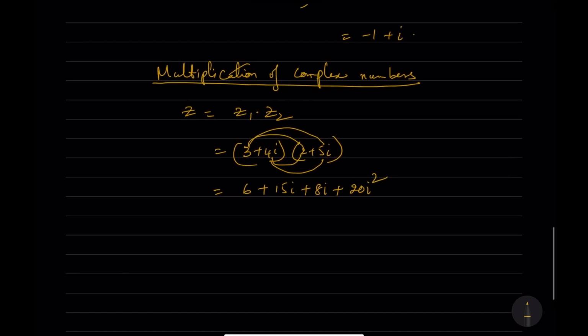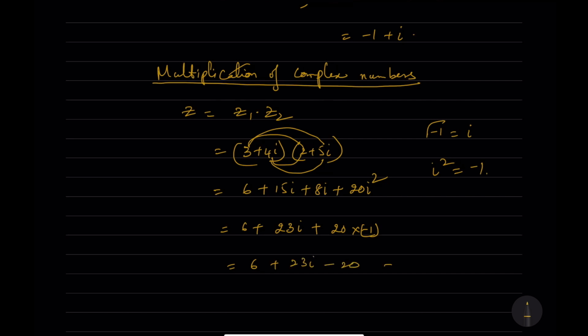So which is equal to 6 plus 15i plus 8i is 23i, plus here you are getting 20 into minus 1, because you know that the root of minus 1 is i, iota, and i square is equal to minus 1. So therefore here you are getting 6 plus 23i minus 20, which is equal to minus 14 plus 23i. That is the answer which we are getting for this problem.